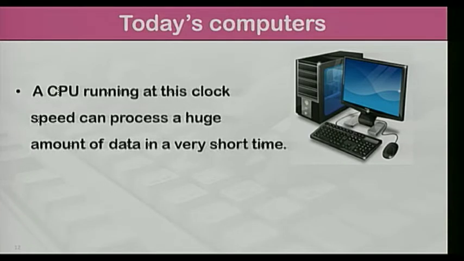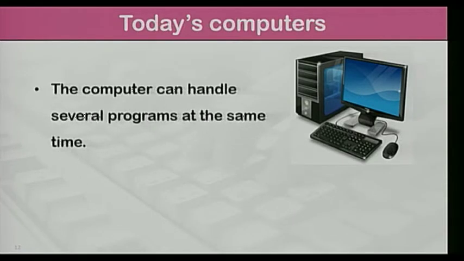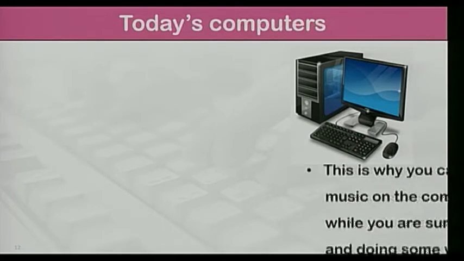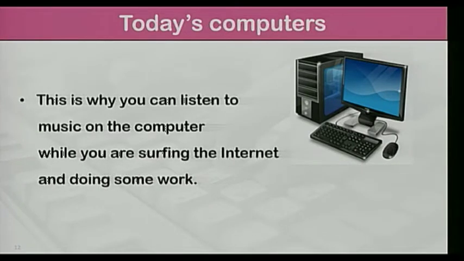A CPU running at this clock speed can process a huge amount of data in a very short time. Therefore, the computer can handle several programs at the same time. This is why you can listen to music on the computer while you're surfing the internet and doing some work.